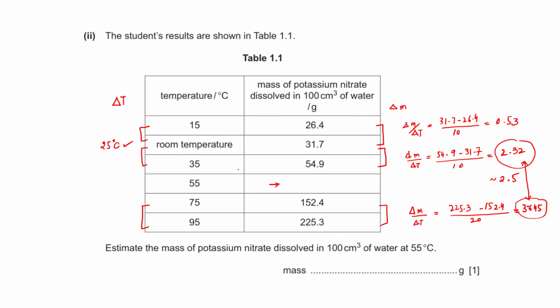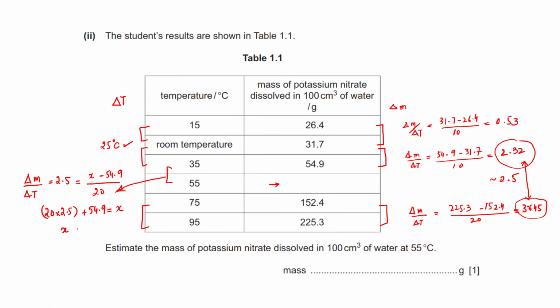If we take delta M by delta T equal to 2.5, and our delta T over here is 55 minus 35, this is 20, and let's call this value x minus 54.9, then 20 into 2.5 plus 54.9 will give you the value of x.